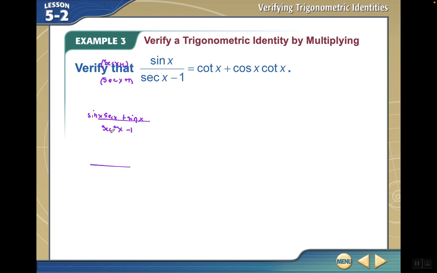There's a Pythagorean identity there, the secant squared x minus 1, which is tangent squared x, so I'm going to write that in. I think I will change the secant x into 1 over cosine x.